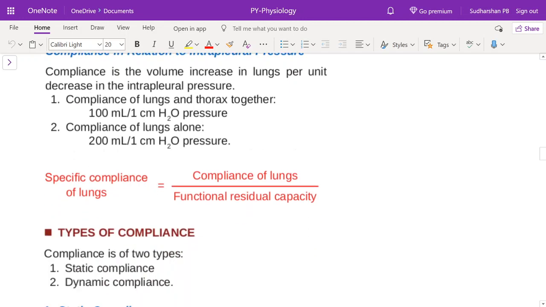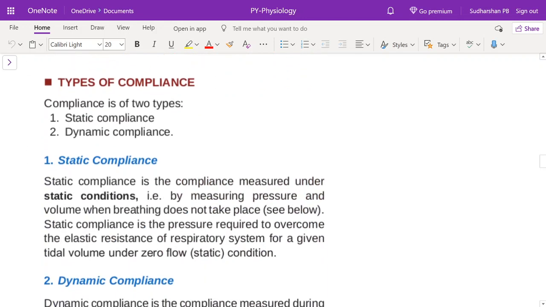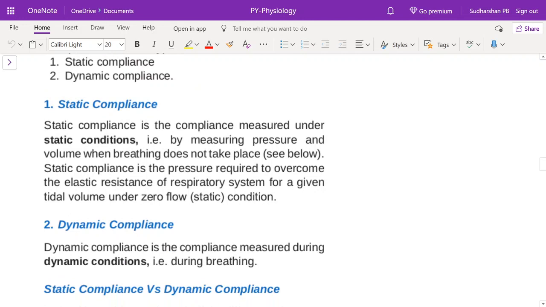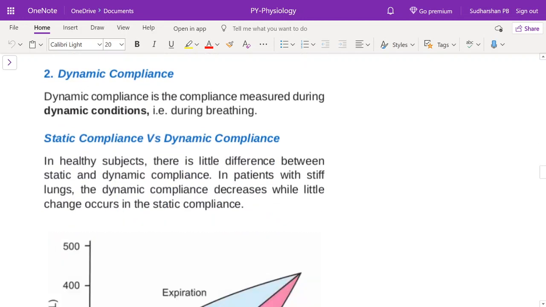Now the specific compliance of the lungs is given by the actual compliance by FRC, functional residual capacity. So we have static and dynamic compliance. The difference is that dynamic conditions are taken during normal breathing only.